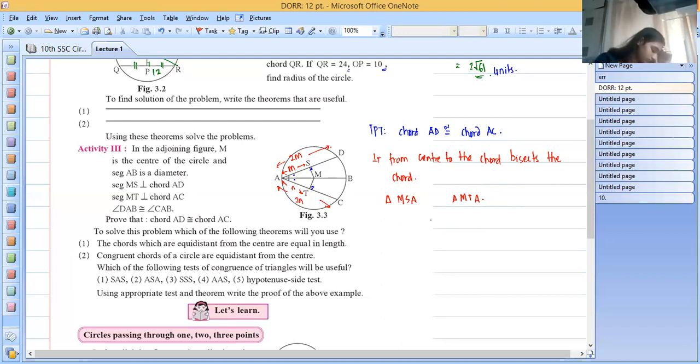Now both are right angle triangles. You have AM as the hypotenuse.